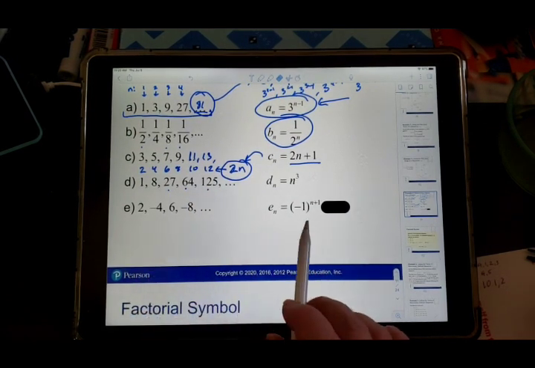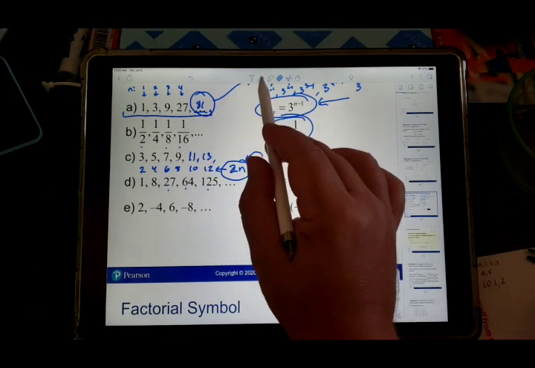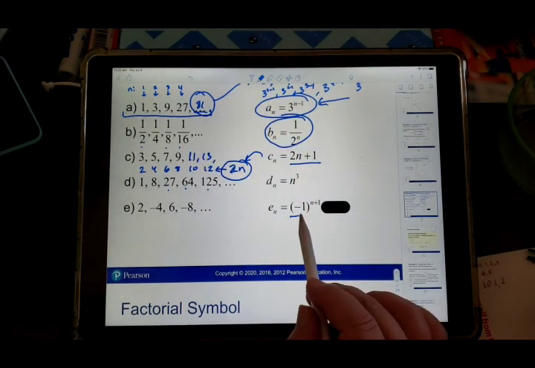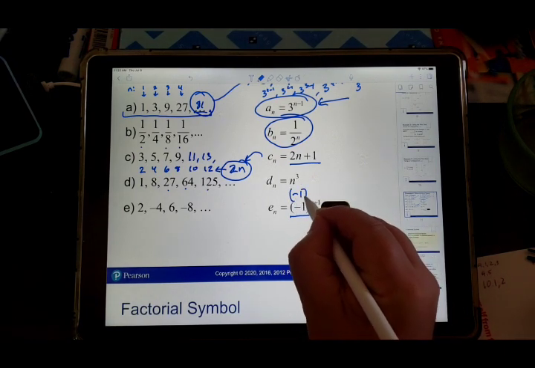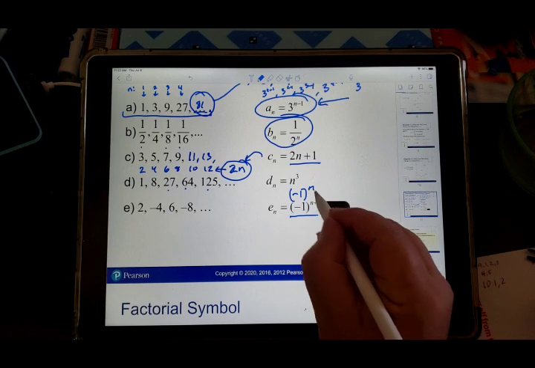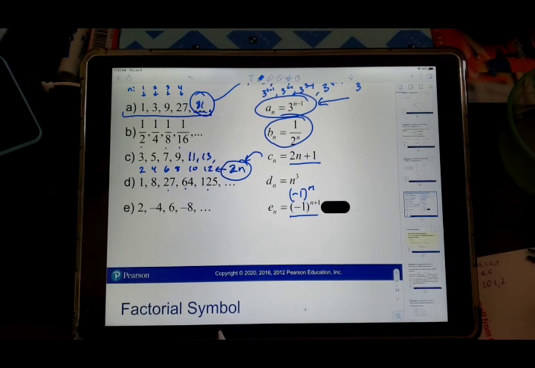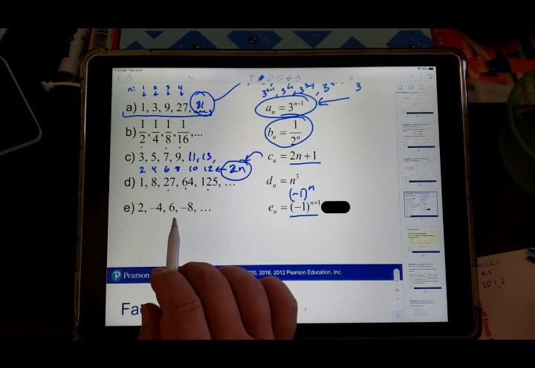And then this would probably not be intuitive for most of us, but it's something you need to learn, and that is minus 1 to the n and minus 1 to the n plus 1. These are things we put in front of the pattern, the early stage of the pattern, to indicate that the signs are changing.